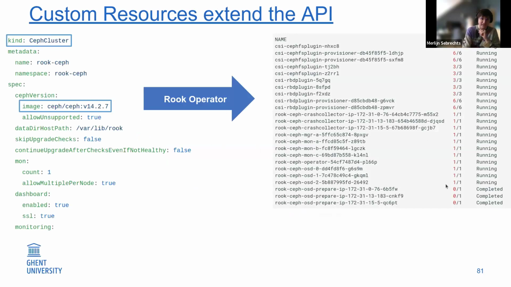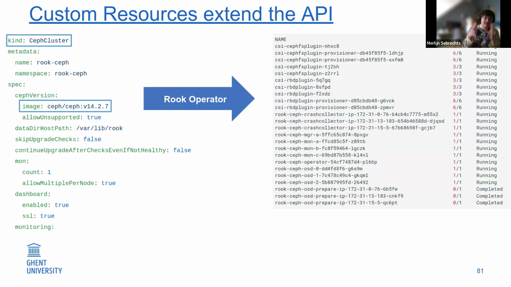Here you see on the left an object, a desired state model that specifies, hey, I want a Ceph cluster inside of my Kubernetes cluster. And this is of the kind Ceph cluster. Kubernetes by default doesn't understand what a Ceph cluster is, but by installing the Rook operator, the Kubernetes API is extended, and now it knows what a Ceph cluster is.